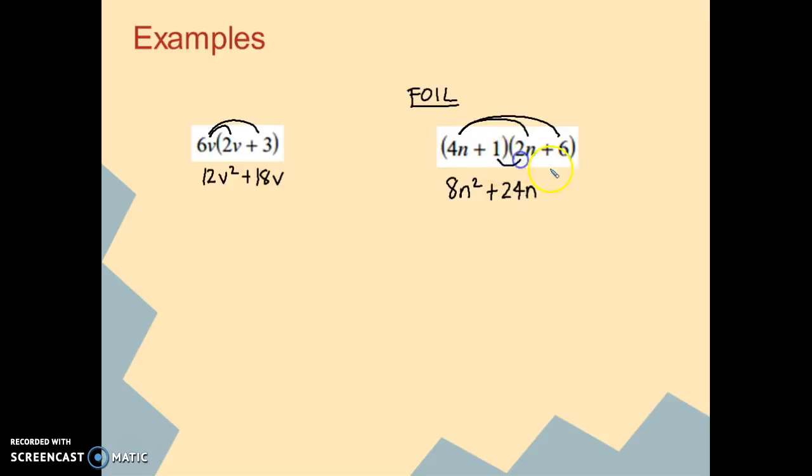Inner, 1 times 2n, 2n. And last, 1 times 6, 6. My only like terms are the 24n and the 2n. So then I get 8n squared plus 26n plus 6. And that's as far as I can go to simplify.